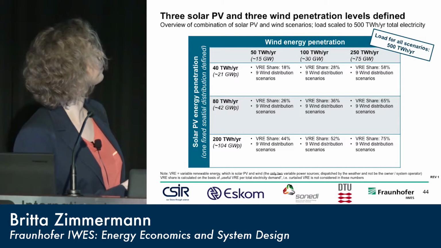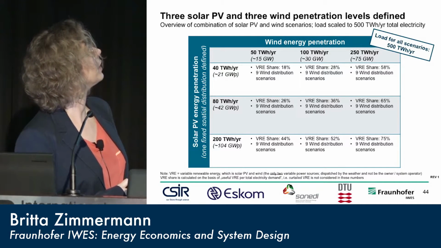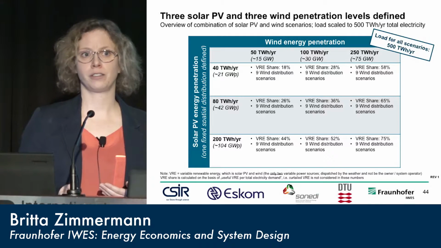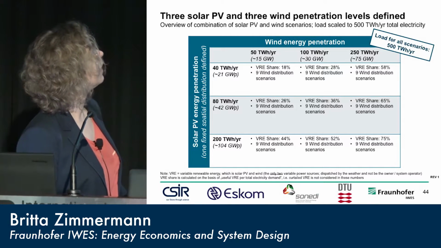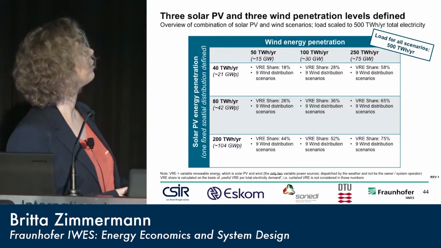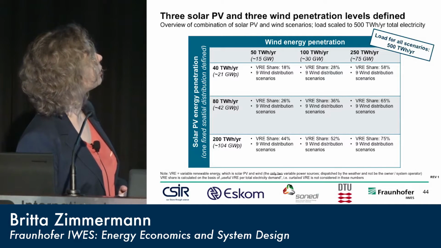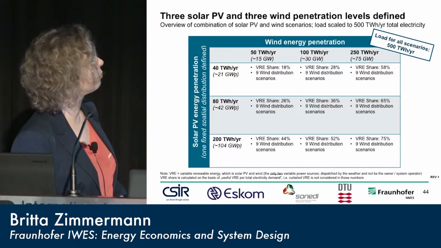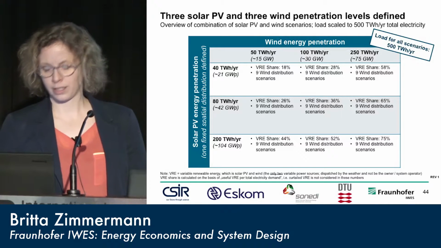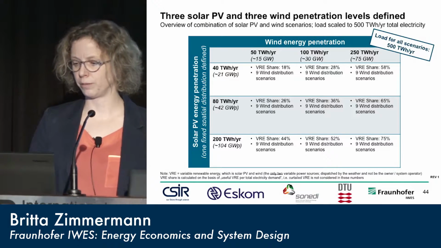So for the first step here, we have not so much PV energy and not so much wind energy, which leads us to about 18% compared to 500 terawatt hours of demand. And in different steps with more PV or more wind, depending on the scenarios, we get to 26, 28%, 36 and so on until we reach 90% of renewables with 200 terawatt hours of PV and 250 terawatt hours of electricity from wind.